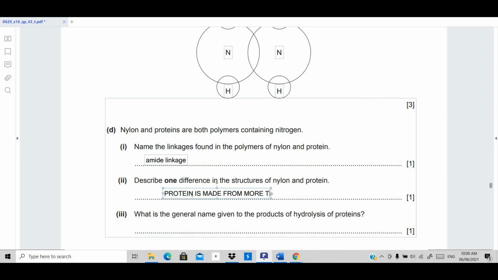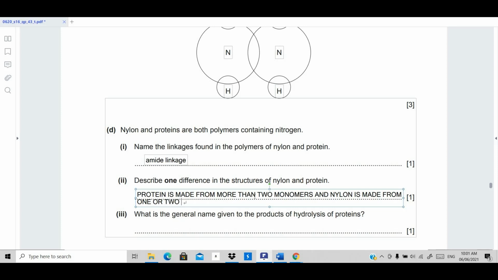Protein is made from more than two monomers, and nylon is made from one or two monomers. Actually, I'm always confused about this statement.